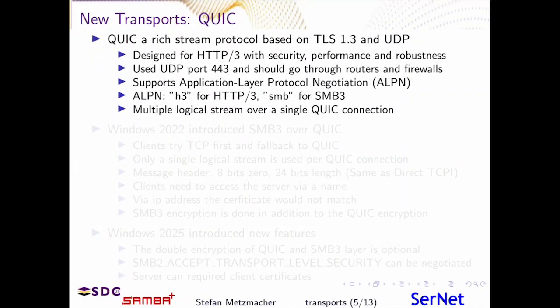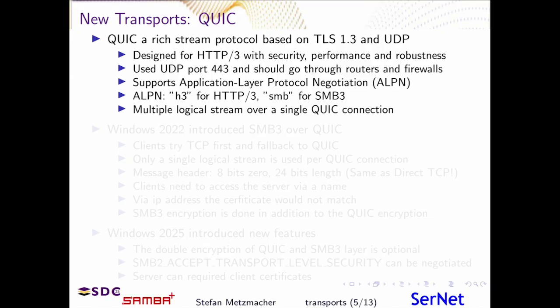So then in the last few years there was a new transport using the QUIC protocol, which is a rich stream protocol based on TLS 1.3 and UDP. It was designed for HTTP3 with security, performance, and robustness.